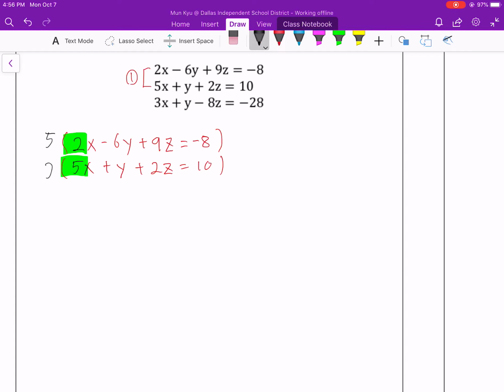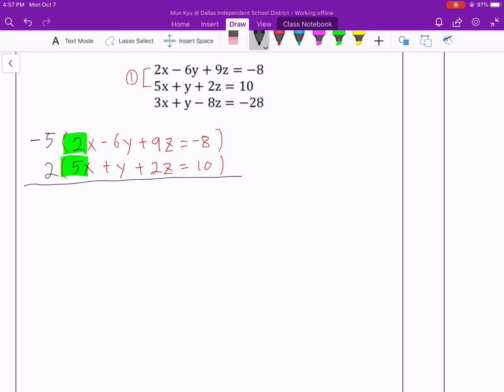And again, if you want to get rid of it, they should be different signs. And apparently 2 and 5 are both positive here. So you have to multiply by a negative either one of these, 5 or 2. In this case, let me put the negative on the top, because I think that's the simplest way.